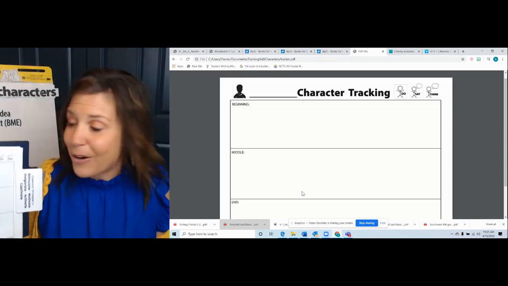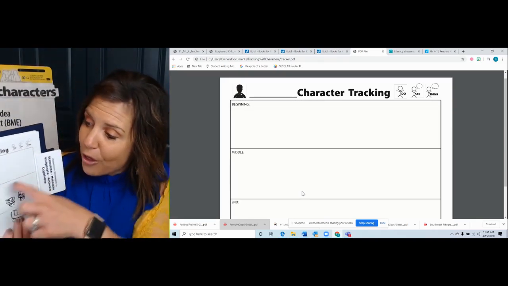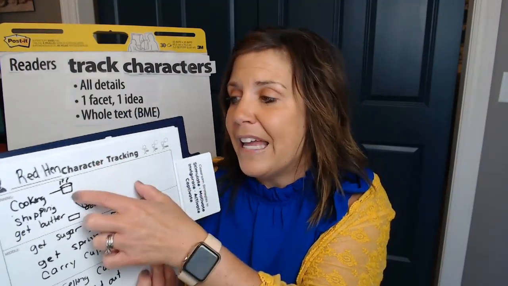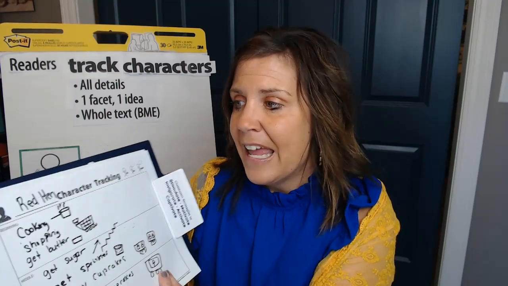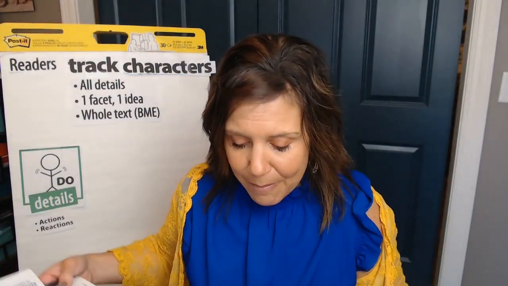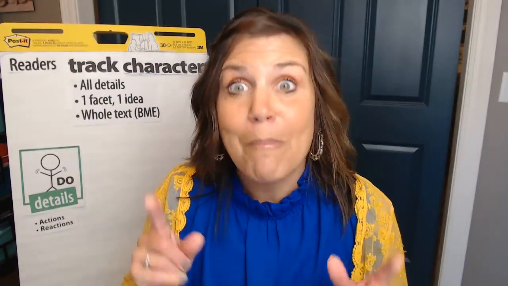Or if you don't have a printer but you have some paper, you could just draw 3 lines or 3 big boxes and do beginning, middle, and end, and think about what Goldilocks is doing at the beginning and in the middle and at the end. Only look for details about what she's doing. Okay, that's what I would have you do if you were in Mrs. Longmire's class, but your teacher might have an even better idea.